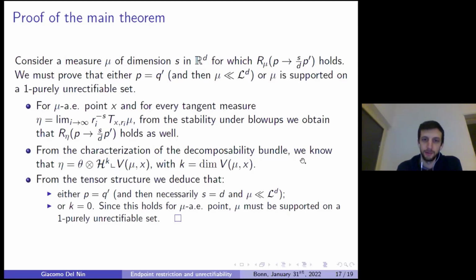But since we can do this for mu almost every point, this means that the measure must be supported on a 1-purely unrectifiable set. Why? Because we proved that the decomposability bundle V of mu x has to be trivial, so it has to be 0 at almost every point.